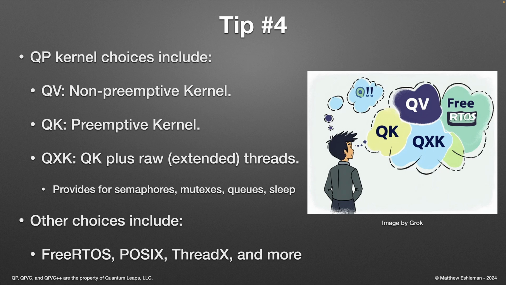So how do we make this decision? Now we have multiple choices. And what I would tell you is take a look first at all of your third-party libraries that you're going to use. So for instance, let's say you need to use a certain TCP/IP stack, and that stack is tied to FreeRTOS, and that stack has no porting layer.